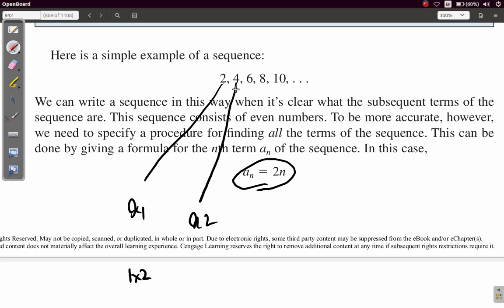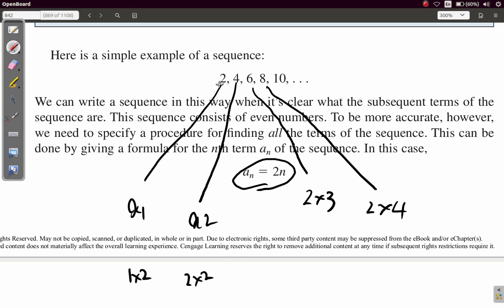And could it be that the 4 comes from 2 multiplied by 2? Could the 6 come from 2 times 3? The 8 is from 2 times 4. Remember, 1, 2, 3, 4 are the positions of the numbers.